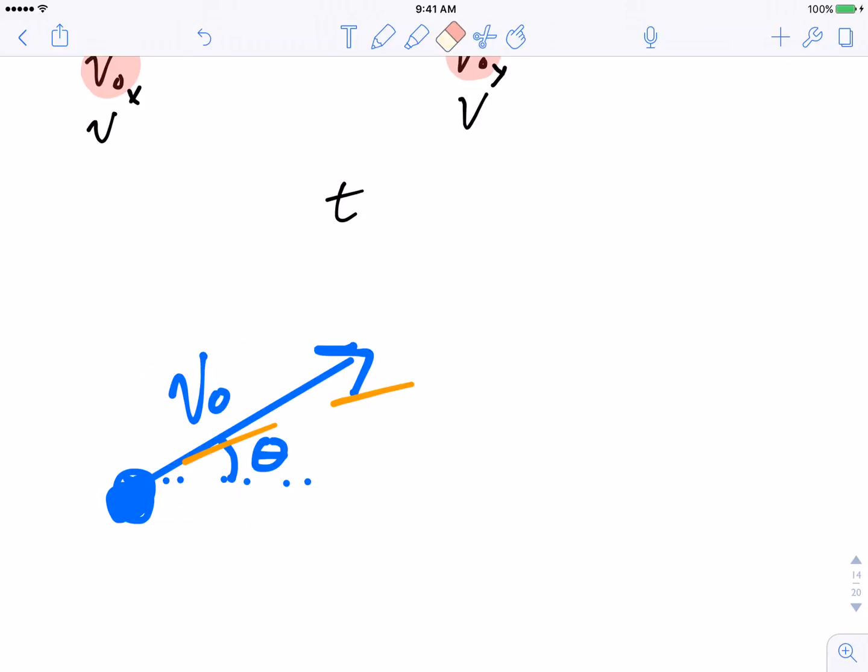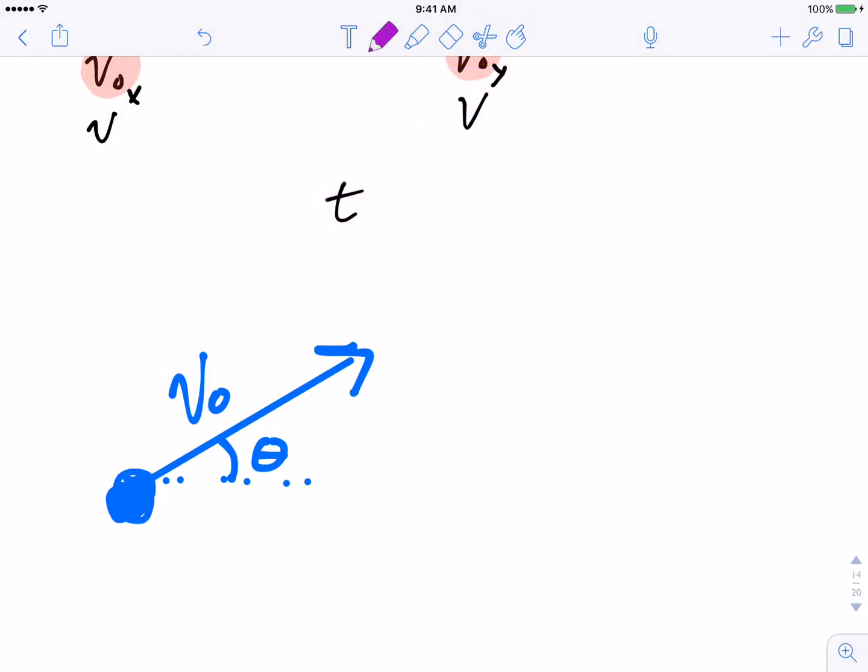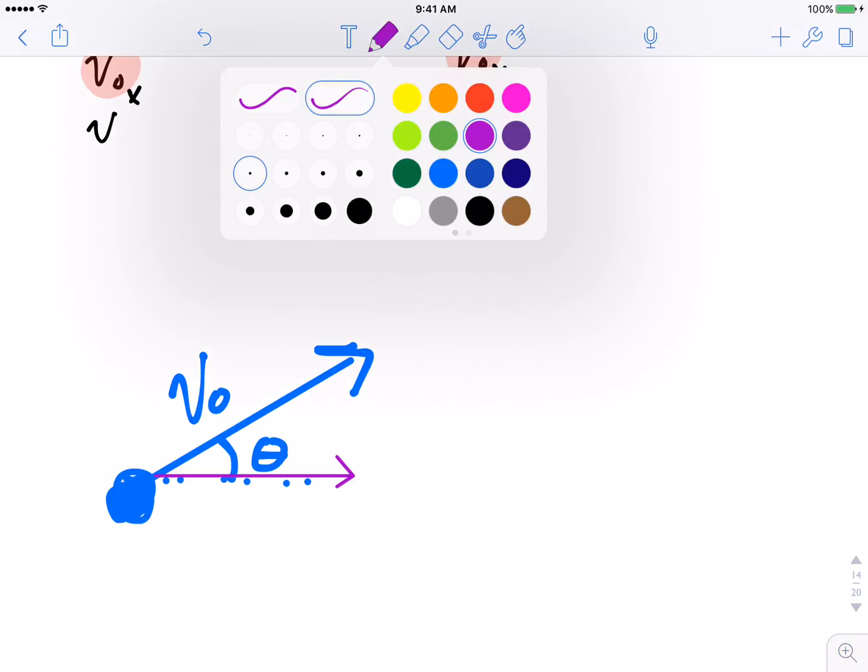What I'm going to do, clean this up a little bit, is break into our component vectors. So I want to come out here. And let's do it in a different color just to make it look pretty.